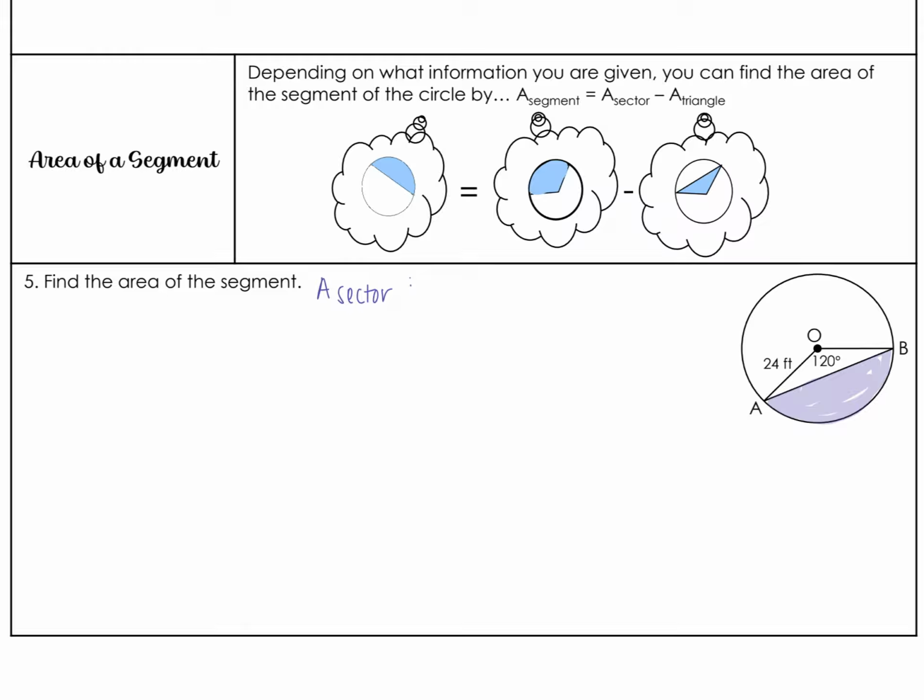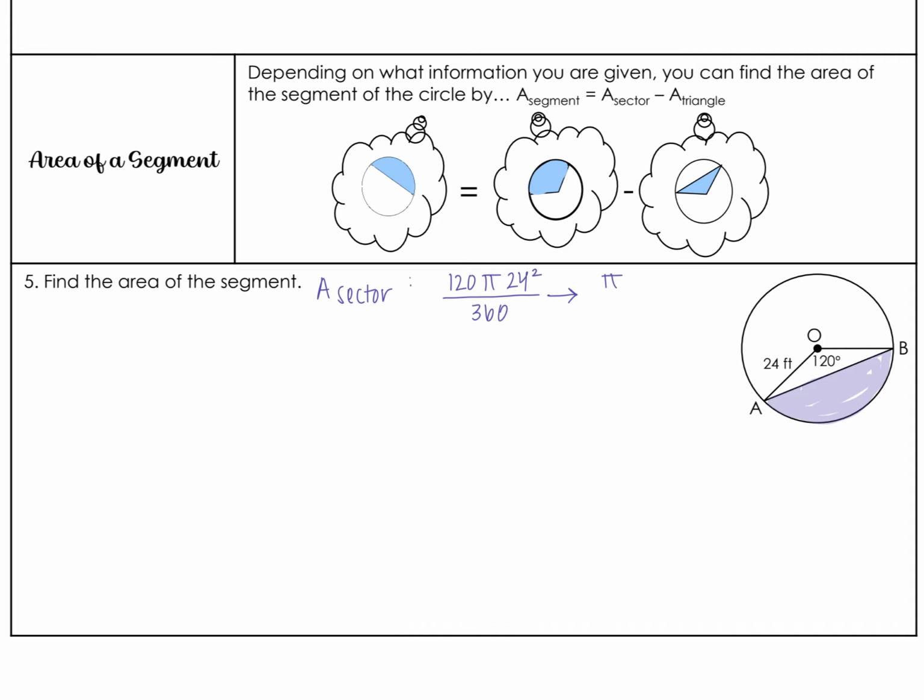So the area of our sector, we're going to use that m, so 120 pi. We have our radius, which is that 24 squared over 360. Okay, just working through and simplifying a little bit, that 120 and that 360 will reduce to 1/3.